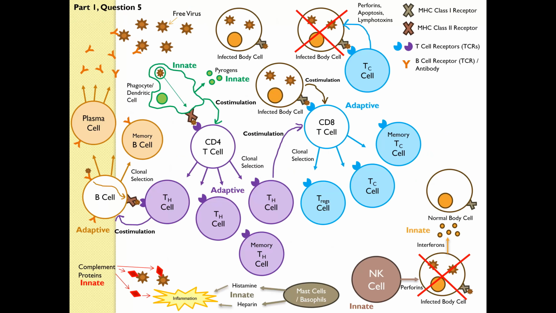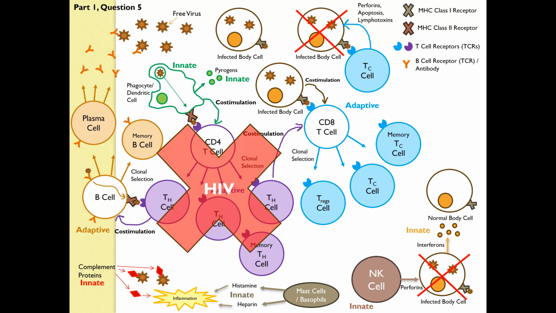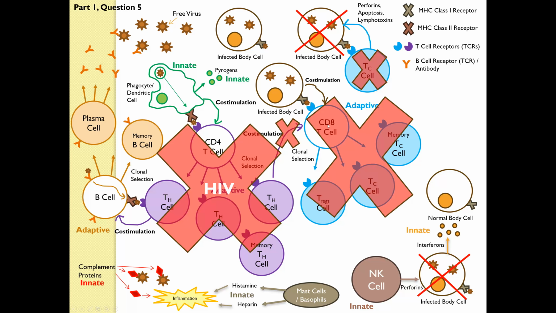So if we look at our diagram that we did in question number 5 that showed the entire response, with AIDS, we are taking out the CD4 T cells and the helper T cells, right? So HIV targets these cells and renders them useless. And so without the CD4 T cells and helper T cells, we do not get co-stimulation that is necessary to activate our CD8 cytotoxic T cells, so we lose our cytotoxic adaptive defense.